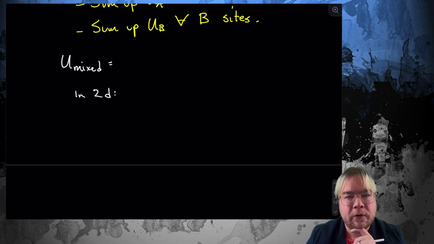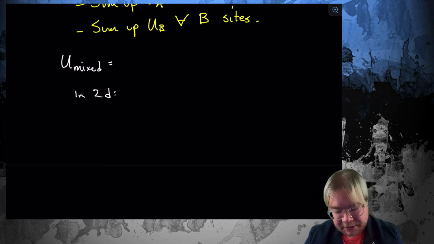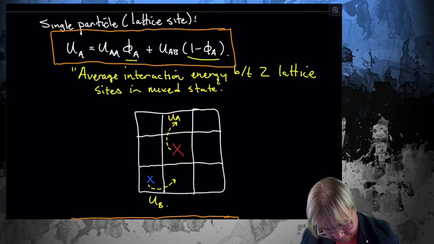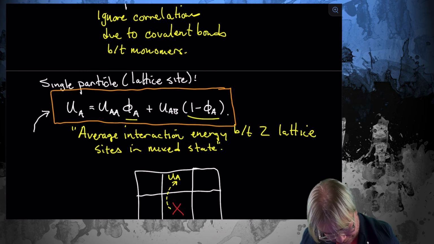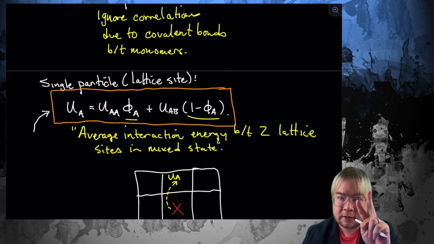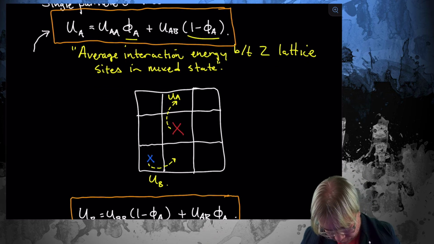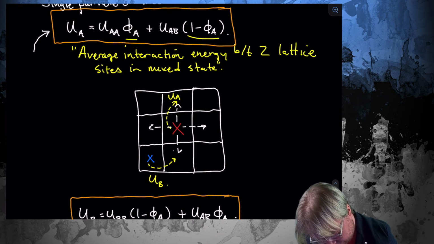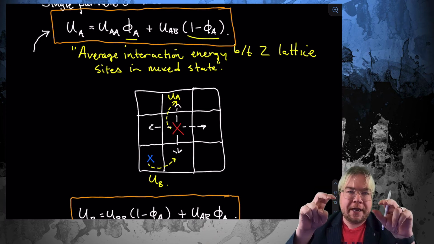How many neighbors am I going to have in 2 dimensions? Remember these equations, this equation for UB and this equation for UA. That's the interaction between one lattice site and one neighbor, so that's only 2 particles. If you look at the lattice in 2 dimensions, you have 4 what we call nearest neighbors.